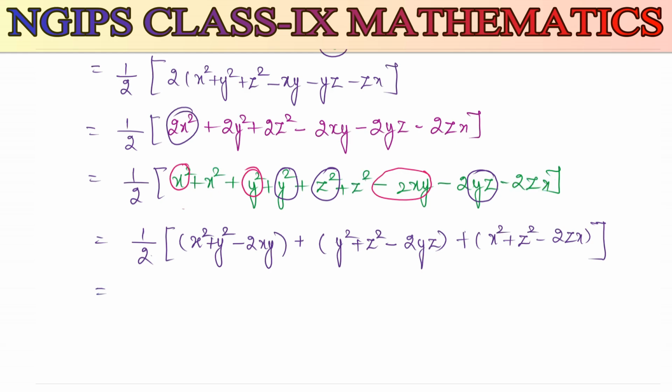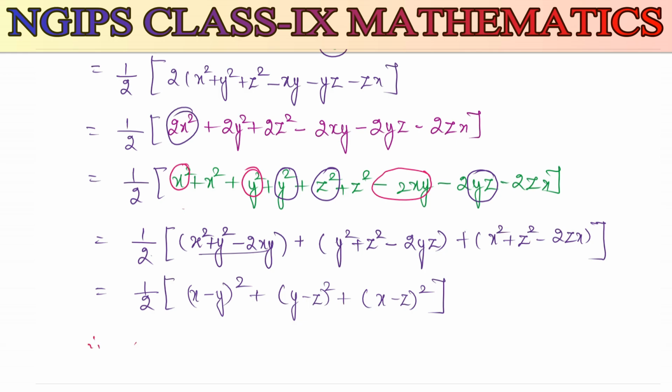1 by 2 into, now this is in the form of a square minus 2ab plus b square. So a is x, b is y: x minus y whole square plus y minus z whole square plus z minus x, or you can take it as x minus z, also whole square. When you have the terms in square, definitely the value will be positive.